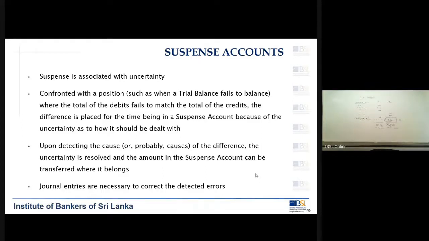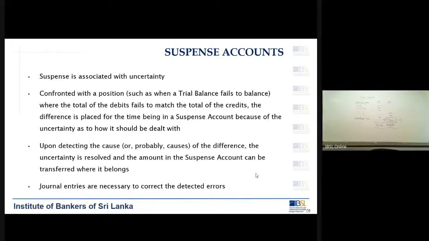So when you put the suspense account, the totals will agree. Then they will give you further information relating to the question, where you will identify the errors and rectify them by posting the journal entries. So you know what journal entries are. You have to post the relevant debits and credits. Sometimes one of the debits will be to one of the listed accounts already, and the credit will go to the suspense account.